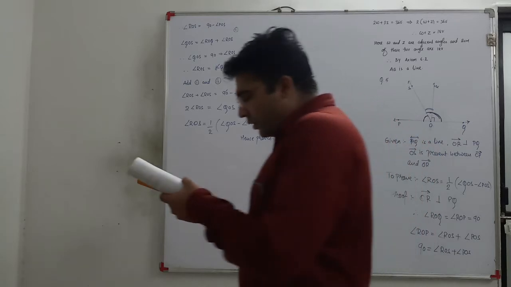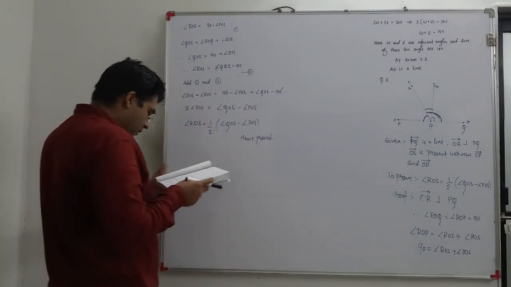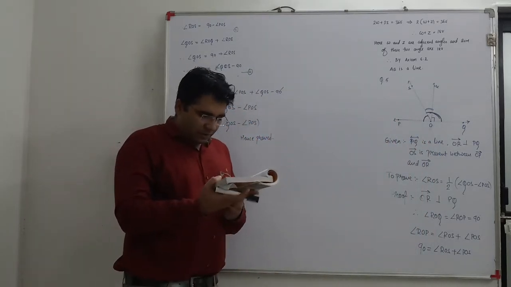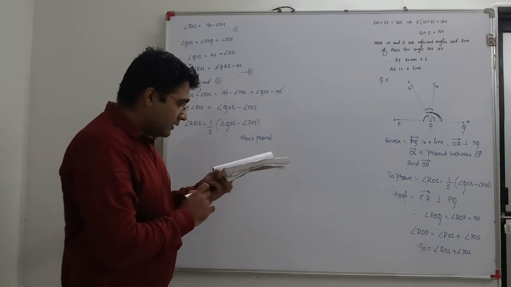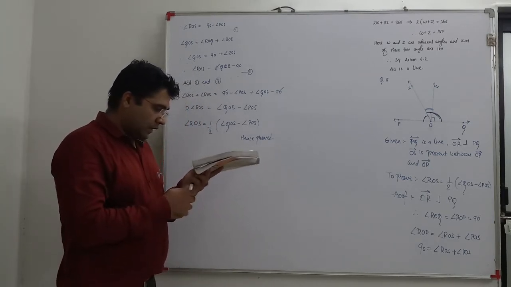In the last question of the exercise, it is given that angle XYZ is 64 degrees.